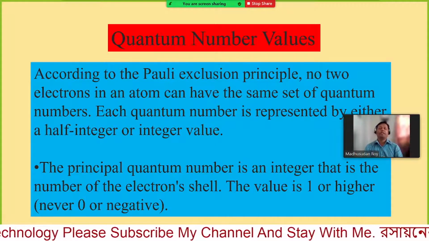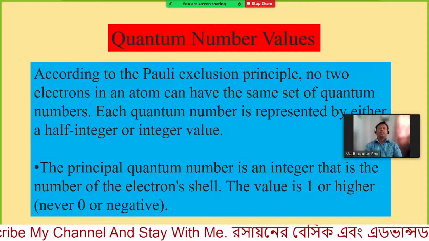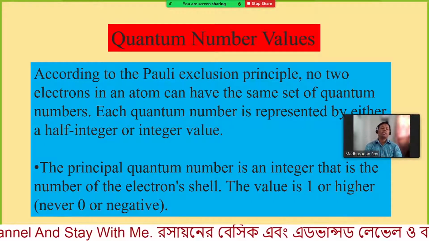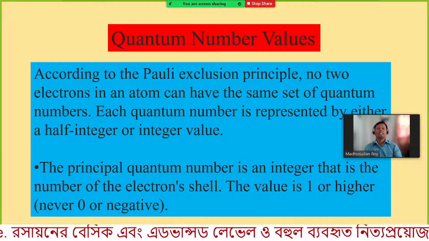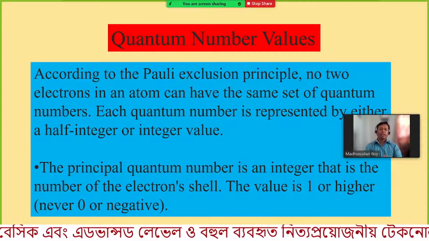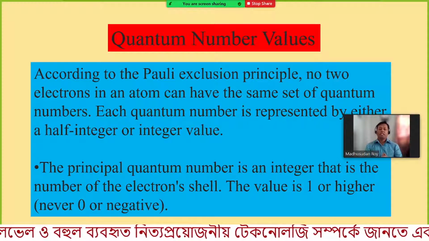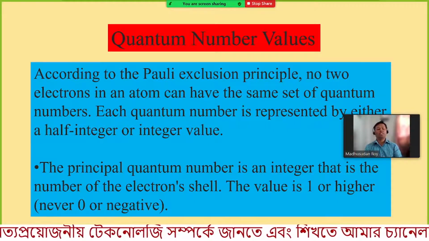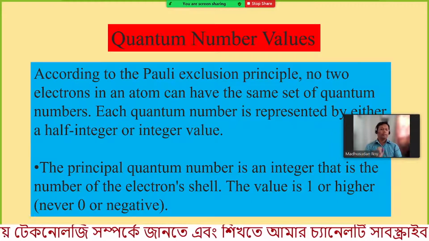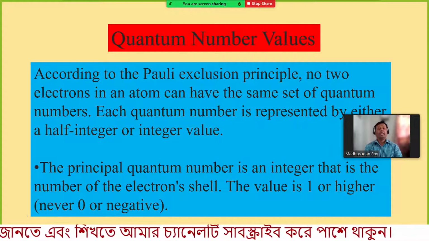We have 12 electrons, and no two of them can have all four quantum numbers the same. Later we can see one by one: the principal quantum number is an integer, the number of the electron shell, as already mentioned, and it can never be zero.